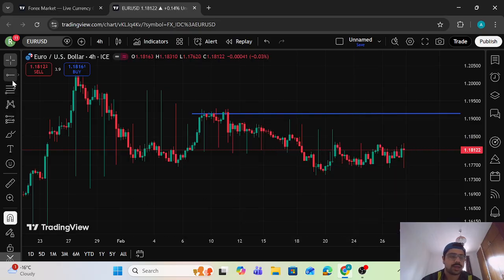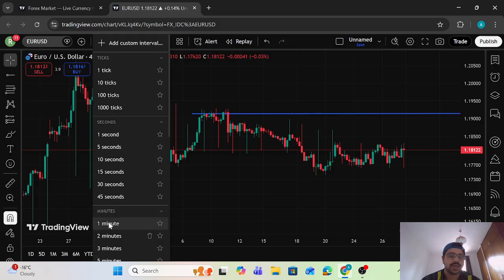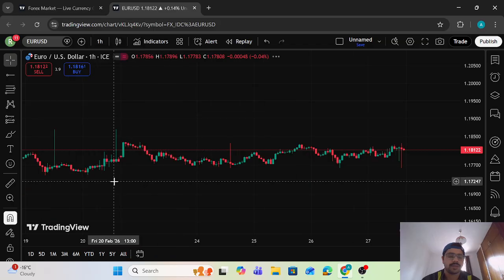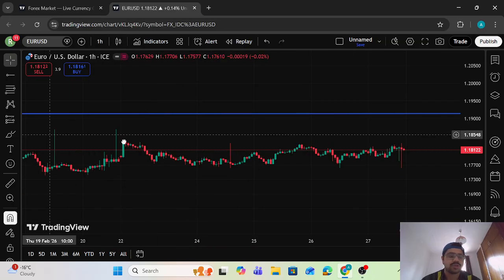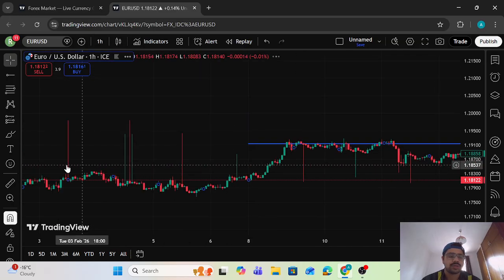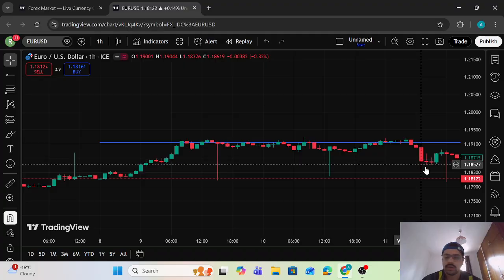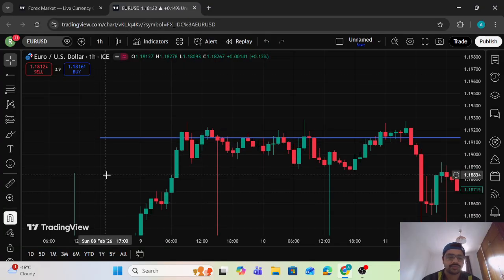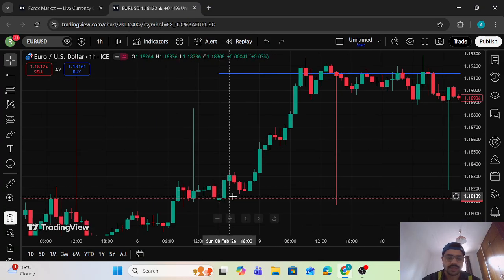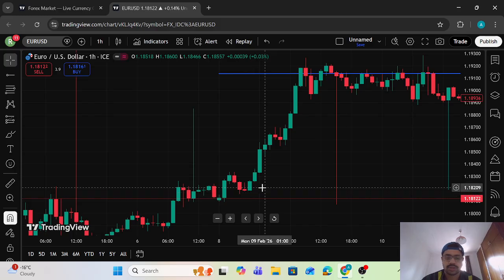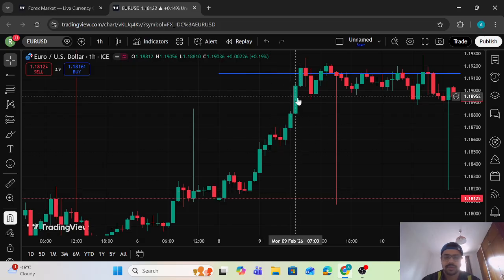Now we're going to go down to the 1 hourly just to see if that also is in line with our focus here. So we can see that if we're looking to trade at this time, we're bullish. If they're looking for a trade right here, let's mark these two time zones out.